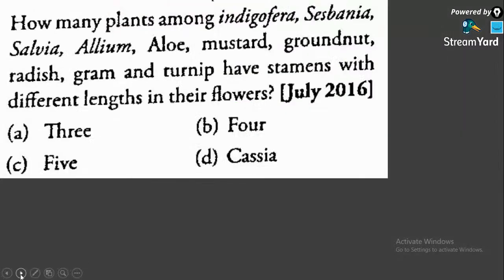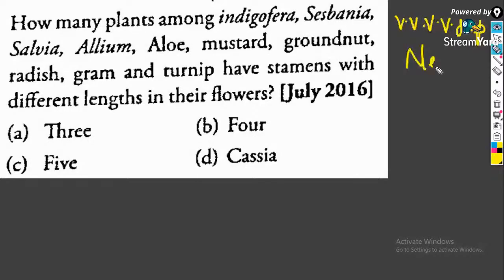Next one, guys, this is a very important question for NEET 2020. My guaranteed MCQ for NEET 2020 from the entire chapter on morphology of flowering plants. Read the question.